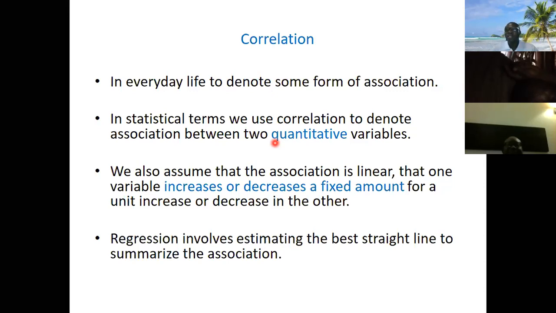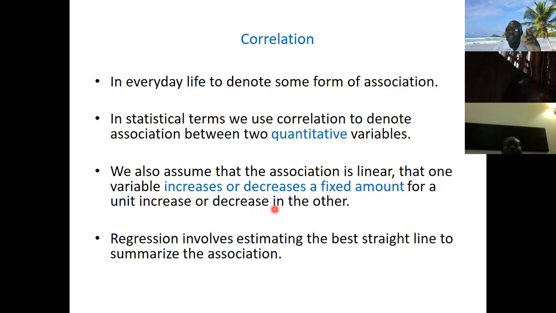You're going to see the description of correlation, which will make you understand that. We also assume that the association is linear, that one variable increases or decreases by a fixed amount for a unit increase or decrease in another variable. Association between two quantitative variables: as this variable increases by a certain unit, this other variable may increase or decrease by a certain unit.